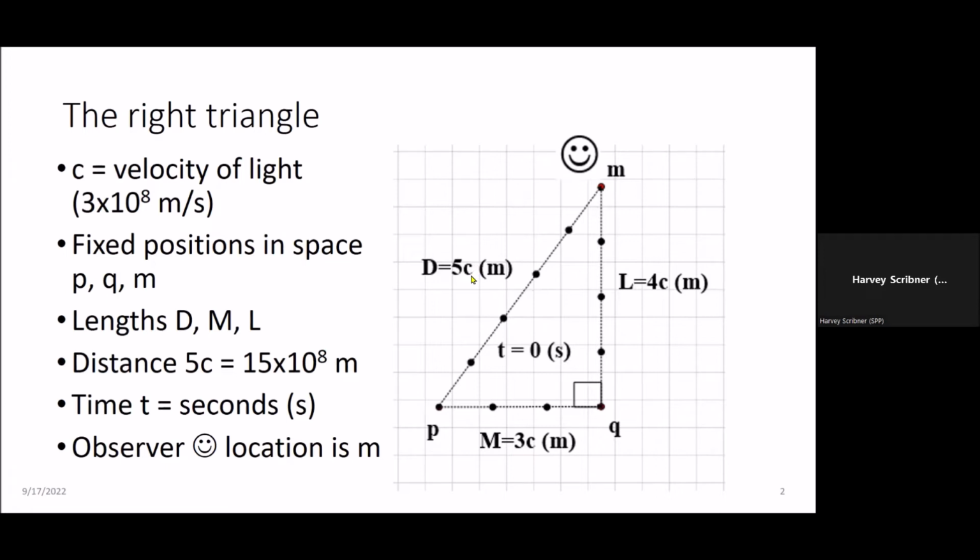We're just saying that it takes light 5 seconds, 1, 2, 3, 4, 5, to travel this distance. It's just a calculation. There's no velocity involved here. These are just distances. And I'm just saying the observer is located at M in this discussion.